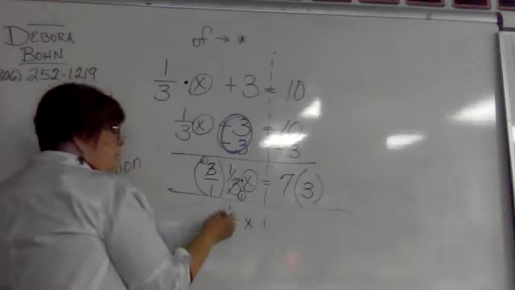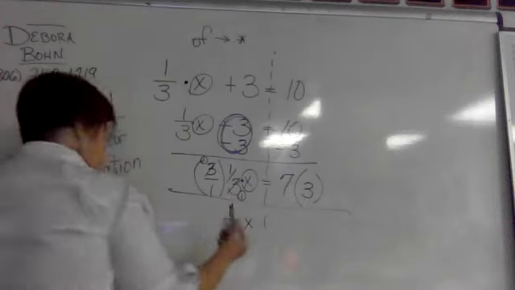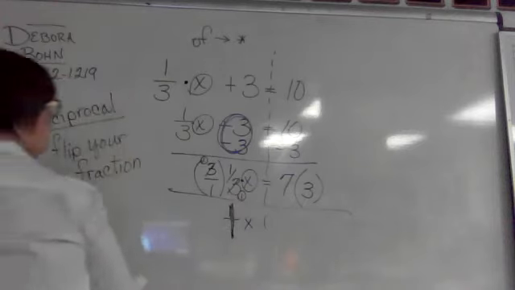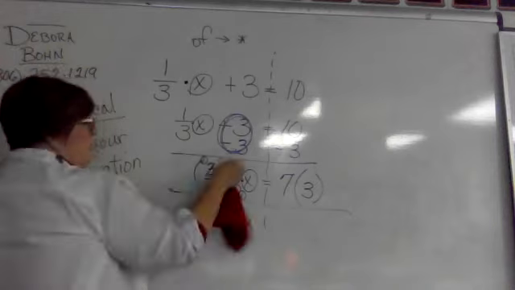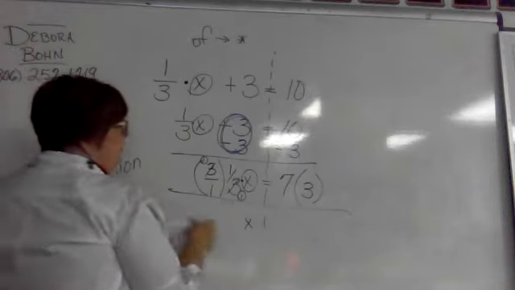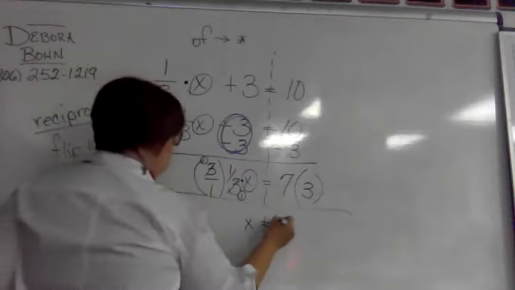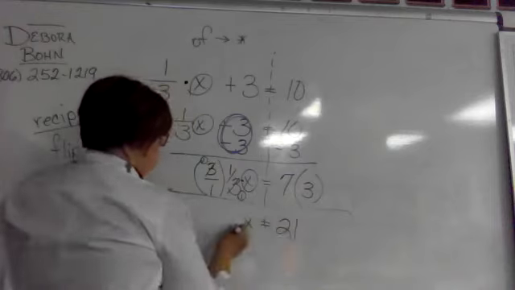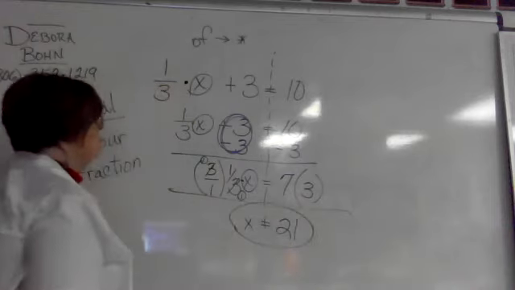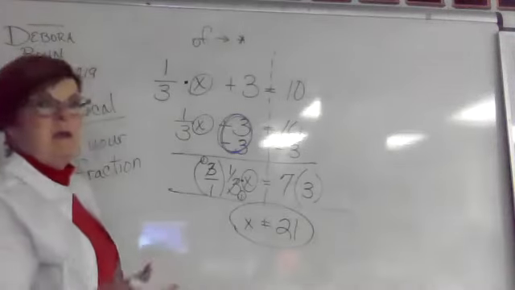Well, 1 over 1 is 1, and we found out that we don't write the 1. Is that true? Yes. So we went through a bunch of stuff, but now you see where we come out with the x by itself equals, and all I have to do is multiply here, 21. Are we good? Okay.